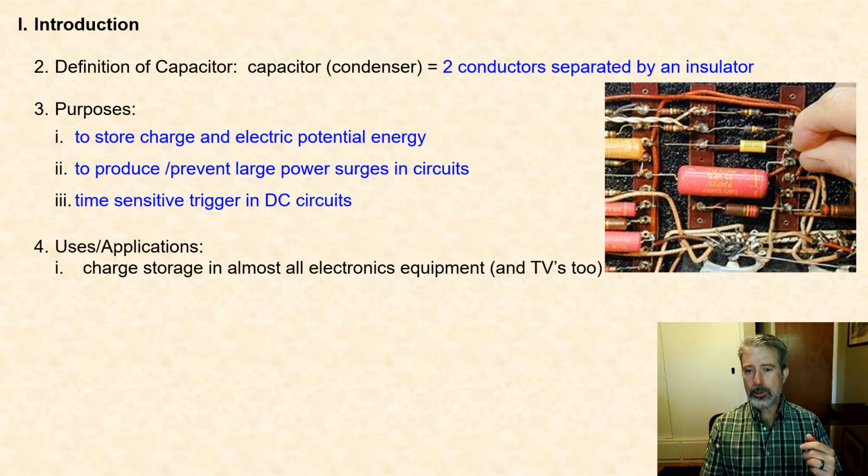What I'm showing you on the screen is an example of a capacitor, used to store charge and electric potential energy, and in this case, to prevent power surges in a circuit.